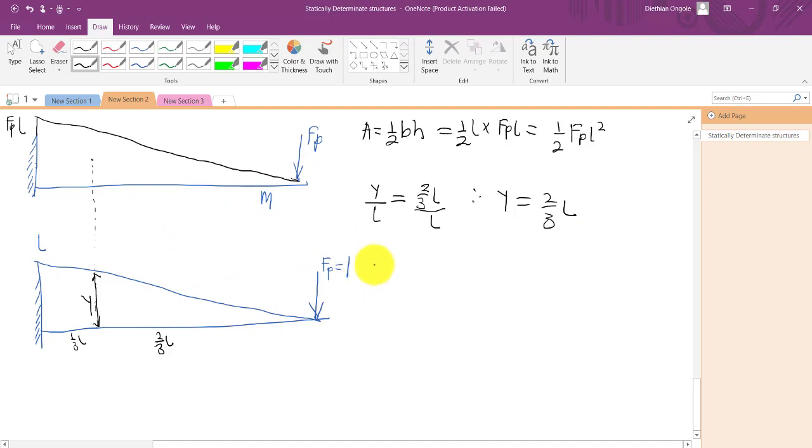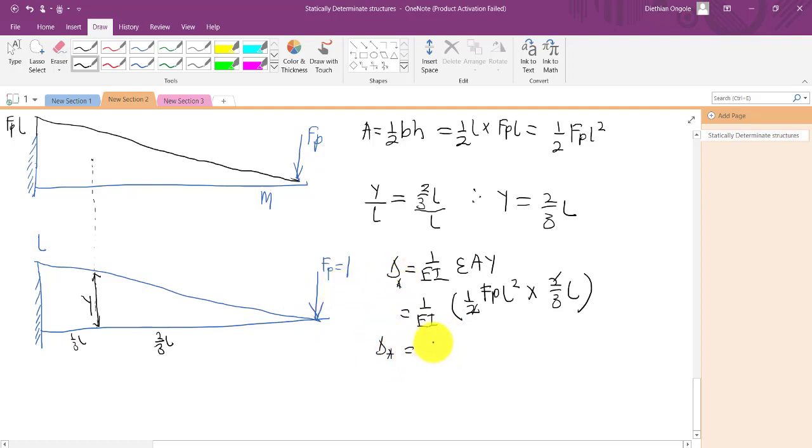Thus the displacement at point A, delta, would be equal to 1/EI summation of A times Y. This would be equal to 1 over EI into a half FPL squared times 2 over 3 L. So the 2 and 2 would cancel, giving us the overall displacement delta A as 1 over EI into FPL cubed divided by 3.